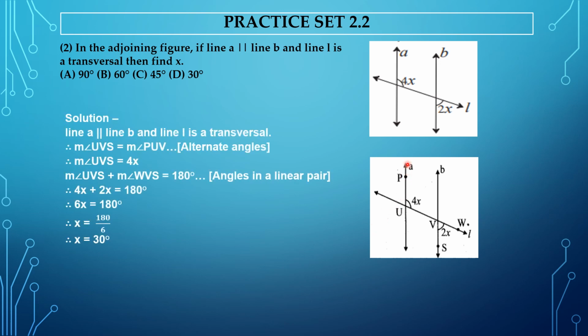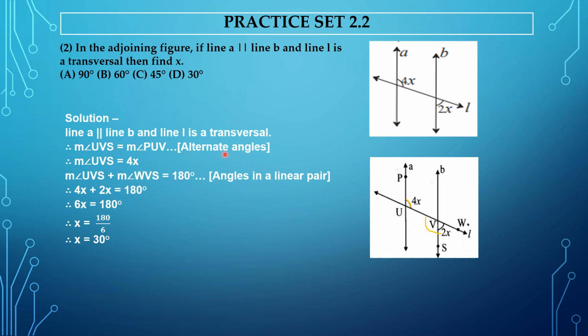As it is given, line A is parallel to line B and line L is a transversal. So students, the measure of angle UVS, this angle, is equal to the measure of angle PUV, this angle.